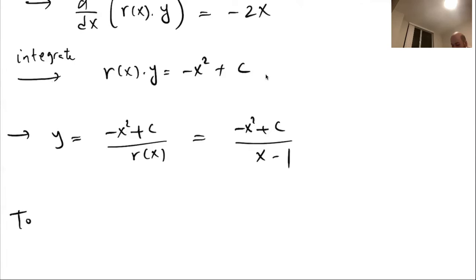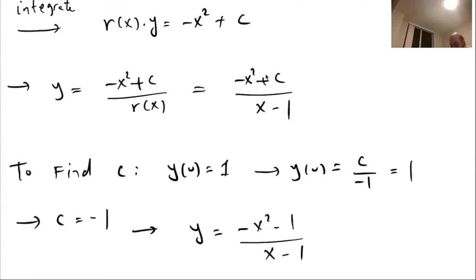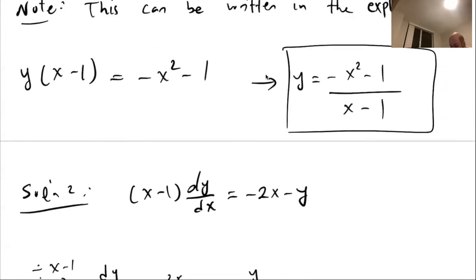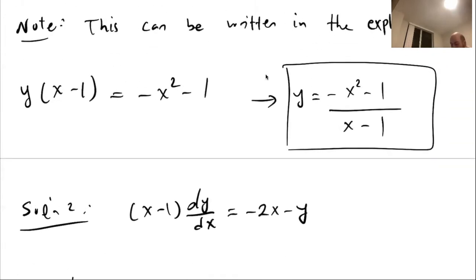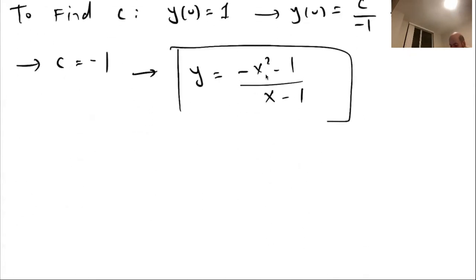And to find c, we can use the initial condition. y of 0 was 1. So y of 0 will be minus 0 plus c, which is c over minus 1. That's 1, so c will be minus 1. And y will be equal to minus x squared minus 1 over x minus 1. So it's the same as the solution we got in solution 1 above.